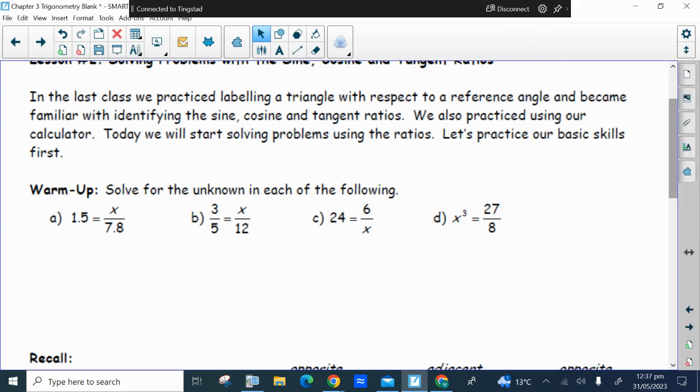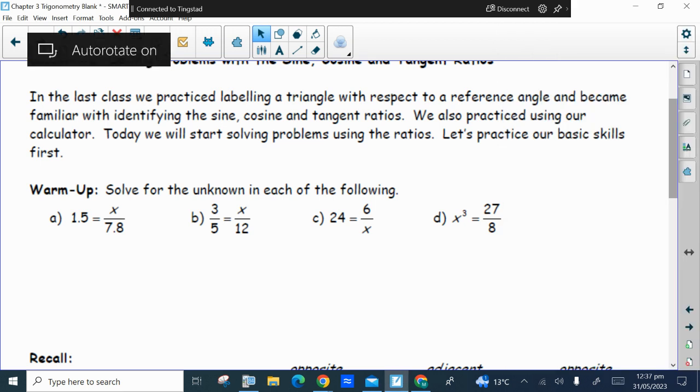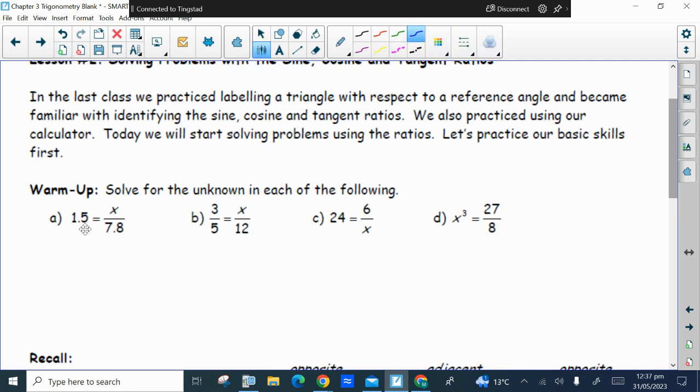So these first questions don't really involve trig ratios, but they involve solving for a variable. And in most cases, we're going to do what we did yesterday, which is cross multiply. So for that first one, if you want to solve for x, because the right side is a fraction, I would make the left side a fraction by putting it over 1, and then we cross multiply. If two ratios are equal, their cross products are equal as well.